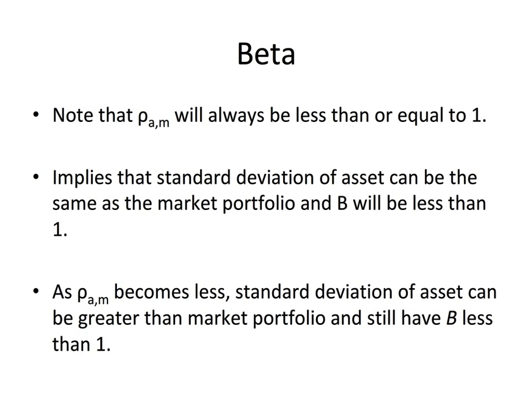What that implies is point 2 here: the standard deviation of the asset can be the same as the market portfolio. Let's say they're both 20%. That asset will have a beta less than 1, given that the correlation coefficient is less than 1, which means that asset contributes less risk to that market portfolio when you measure it in the relative sense.